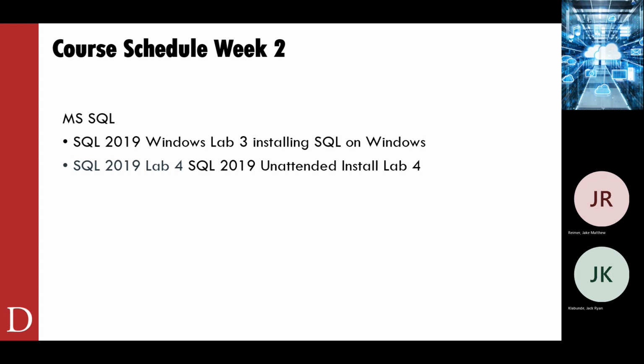So the best bet is, if it doesn't work the first time, whack it back to that snapshot you saved and restart. Especially when we get to the practical exam, that's going to be really, really important. You want to make sure you have that nice, clean, known good state of your server that you can go back to if you need to. Because I have had people in the past try to rebuild a server during a practical exam, and that's just not a place you want to be.